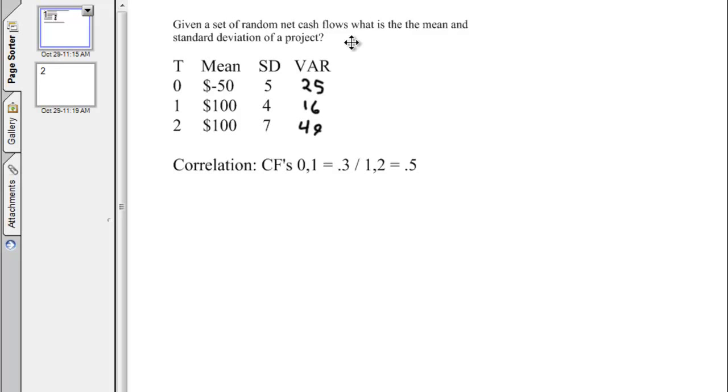Alright, and then if you remember from class, we need our formulas for what the expectation is and what the variance is of net present value given a random set of cash flows.